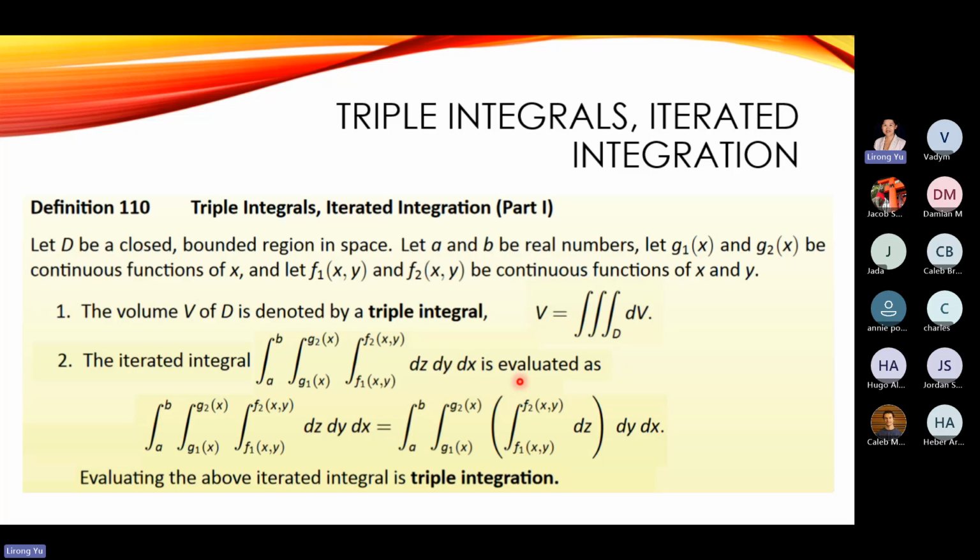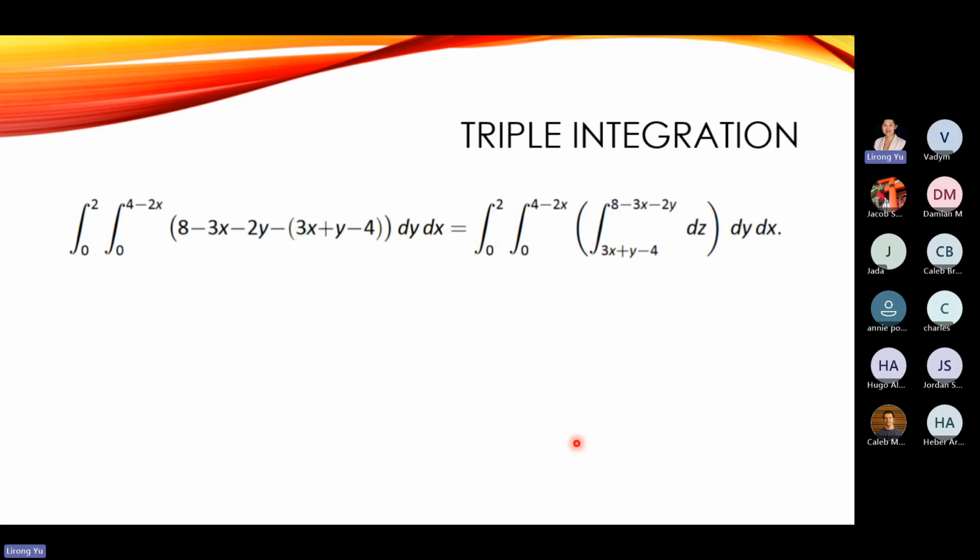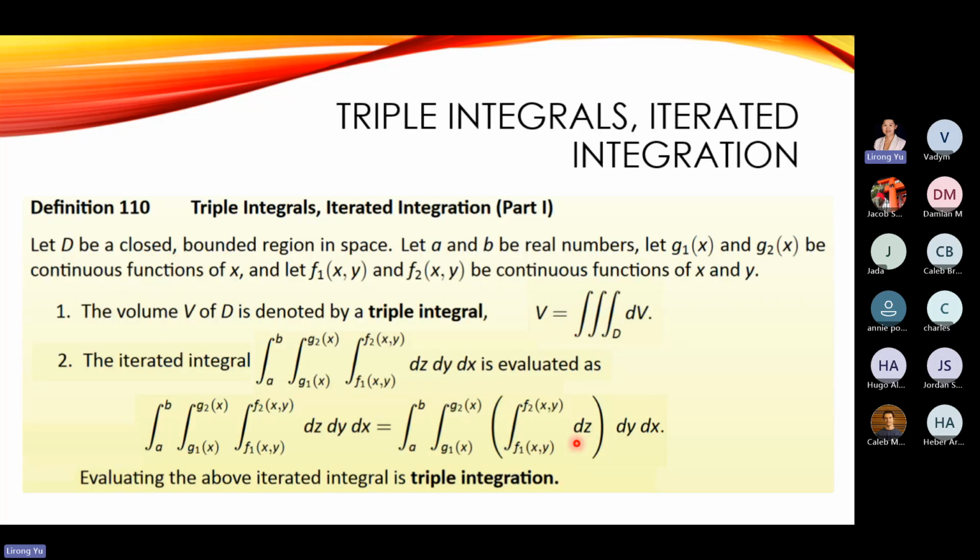So which one do we do? Normally we pick the one that's most intuitive, most easy to understand. But occasionally if we run into calculation difficulty, we might switch integration order just so it would be easier to do. Now, the first one we go through is following the dz, dy, dx.